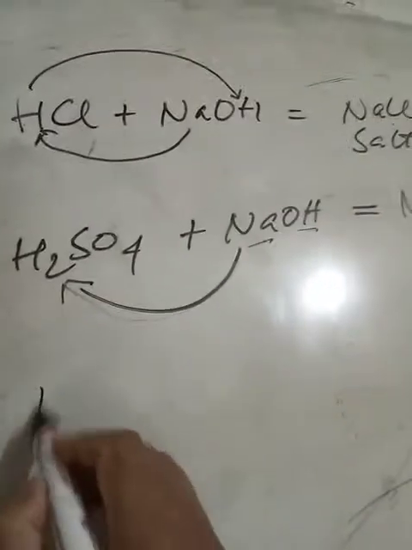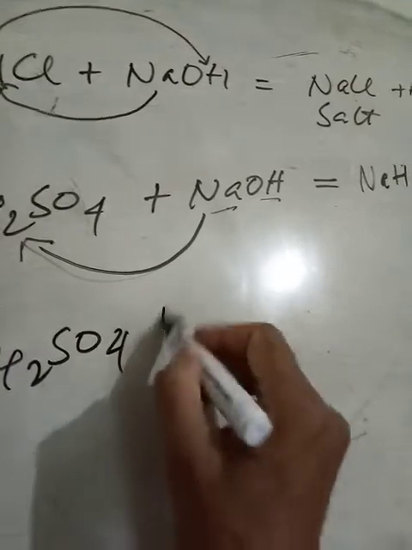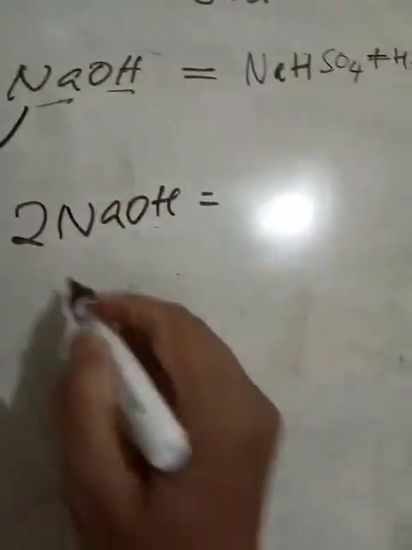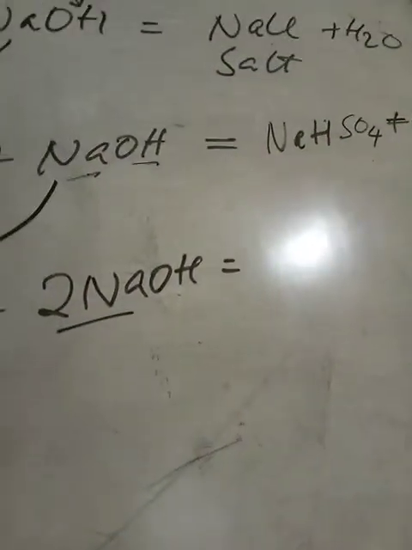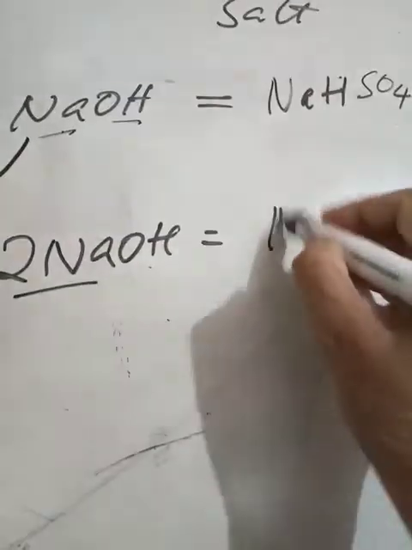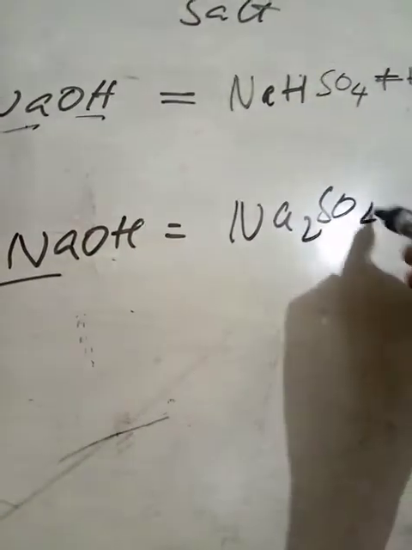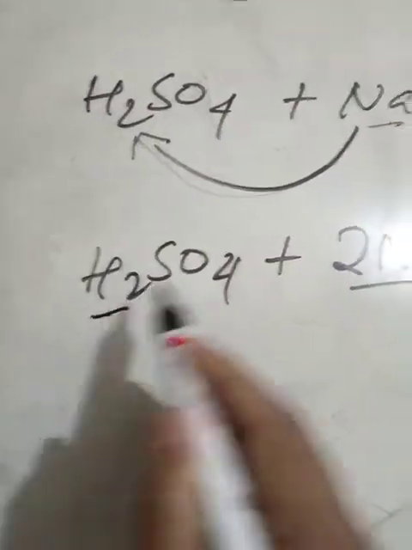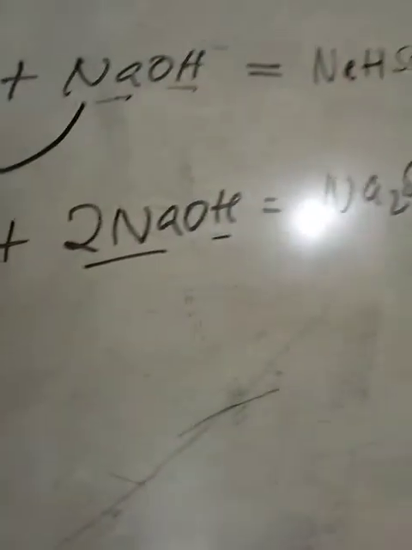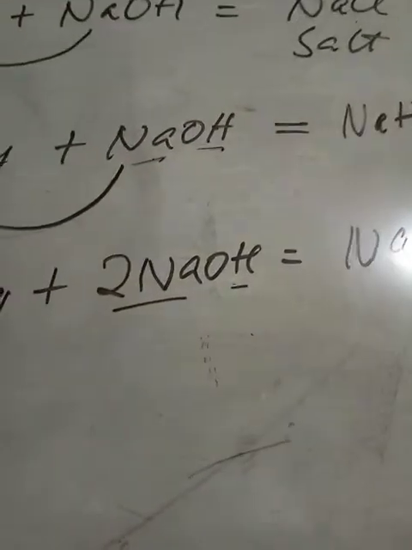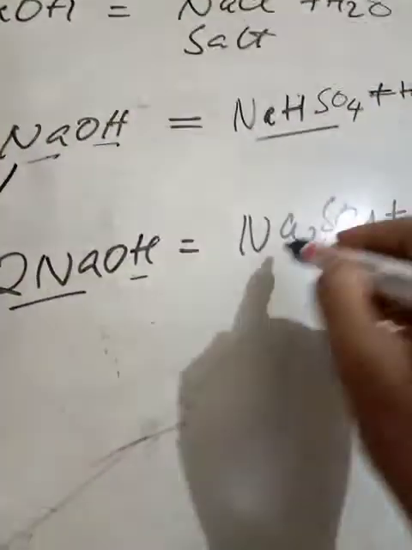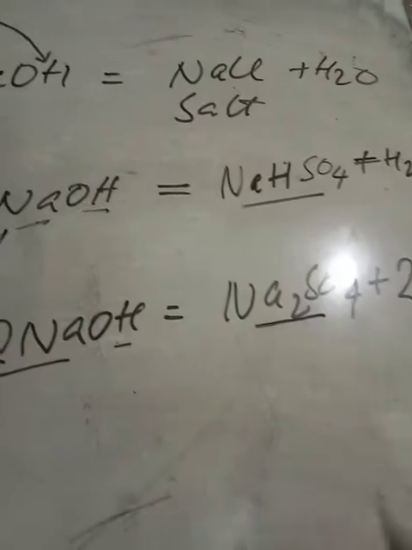Now, if you take excess, or say 2 molecules of NaOH, then what will happen? 2 sodium ions will replace 2 hydrogen atoms, forming Na2SO4 plus 2H2O. Then 2 hydrogens from the acid will be added to 2 OH of the alkali to form water. So you are getting 2 types of salt here.